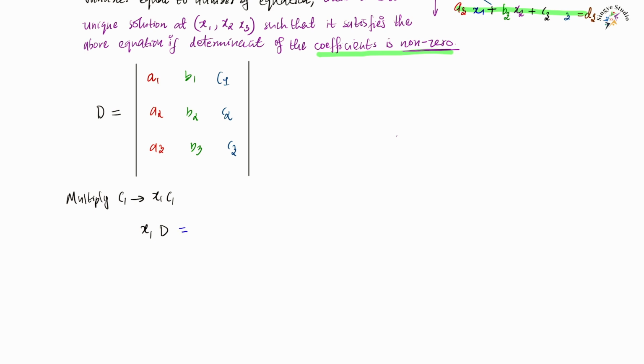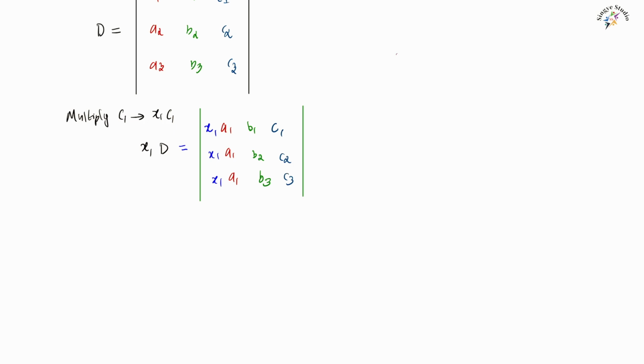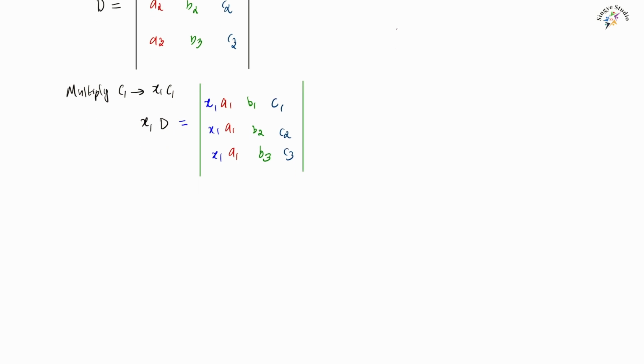Now I will further operate on column 1 by multiplying column 2 by x2 and column 3 by x3 and adding them to column 1. That is, I will operate c1 by x2 c2 plus x3 times c3 and add it to column 1, okay?